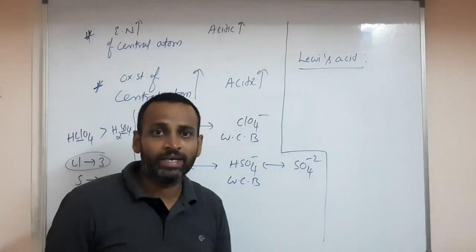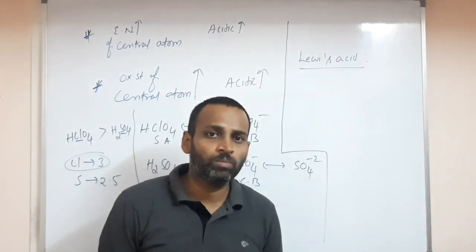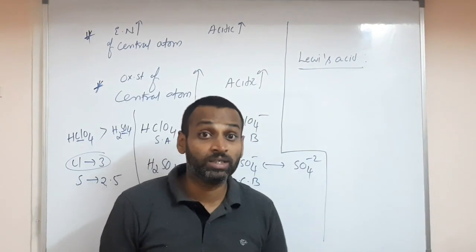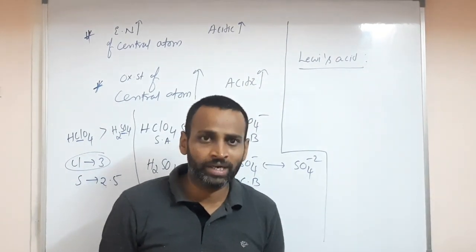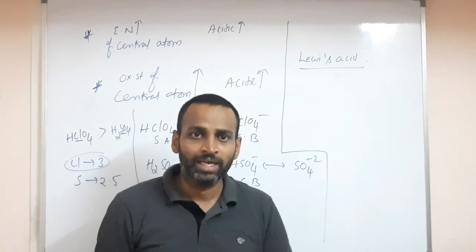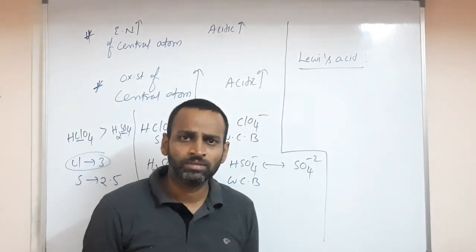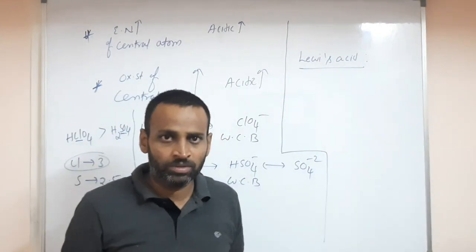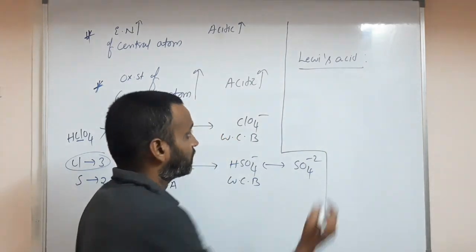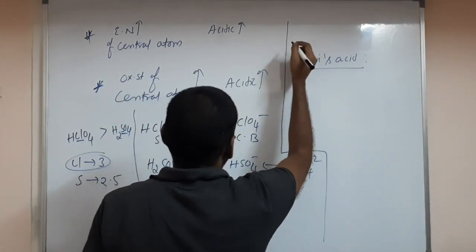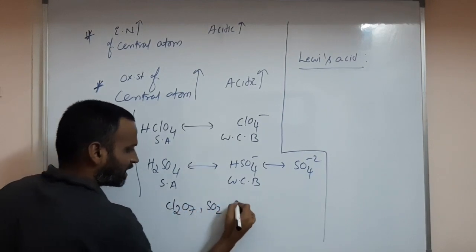Bronsted acid base theory also has some drawbacks. Bronsted said a proton donor is an acid, but some acids don't have hydrogen. Then how can they donate H plus? Like SO3, SO2, Cl2O7, they are all acids, but they cannot donate protons. So we cannot explain their acidic or basic character. Here I give Cl2O7, SO2, SO3.